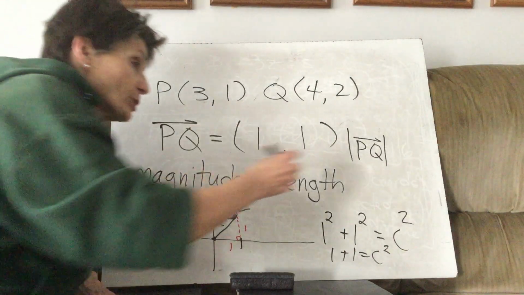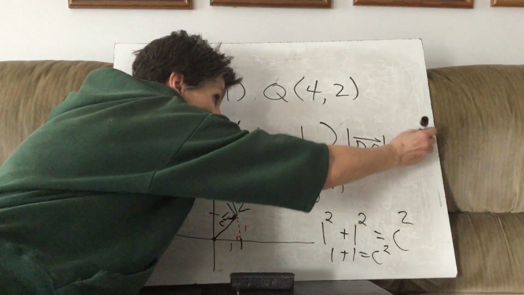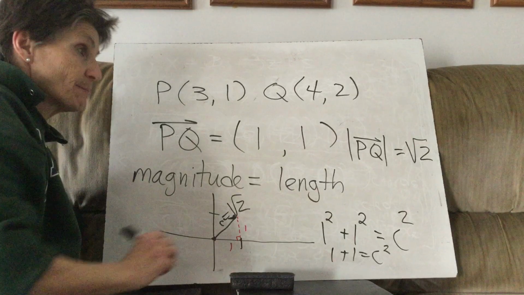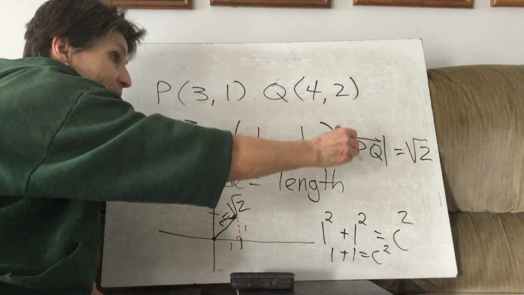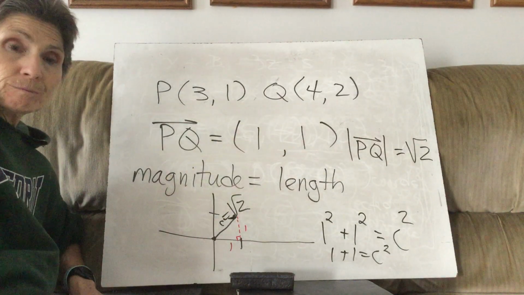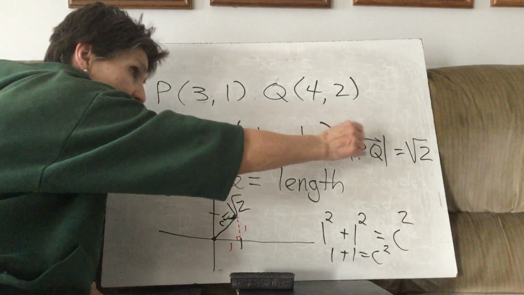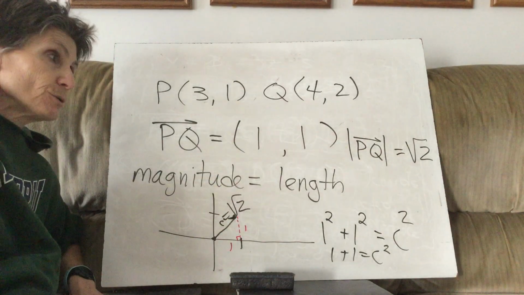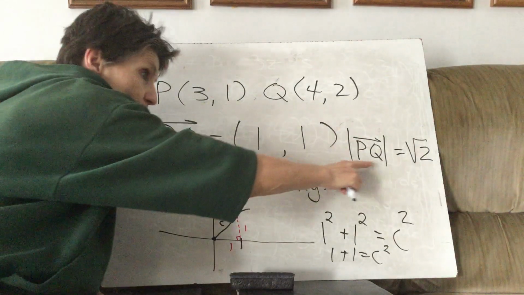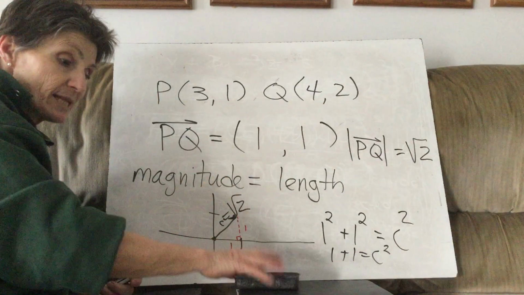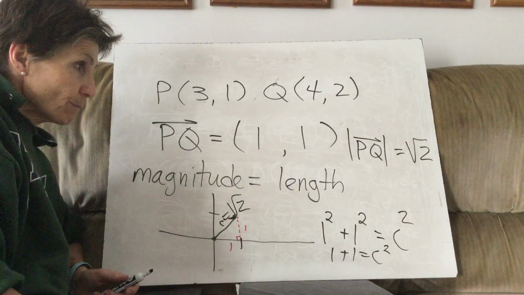So we would actually write our answer on the paper like this. The magnitude of the vector is root 2. The length of the vector is root 2. The symbol we use for magnitude looks like absolute value.